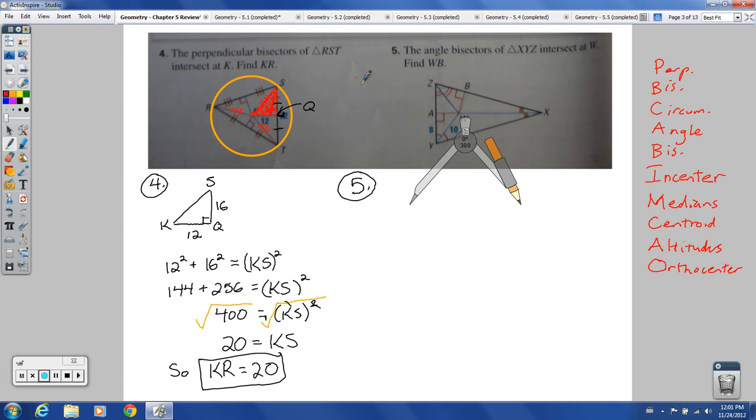And so with this one, we're talking about angle bisectors. We can have that incenter. We can have that inscribed circle within this triangle here. So I'm going to place my compass point at W, and move this in so that it just touches the sides there. Rotate this around. There we go.